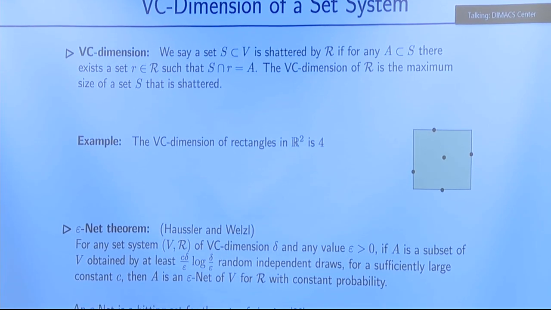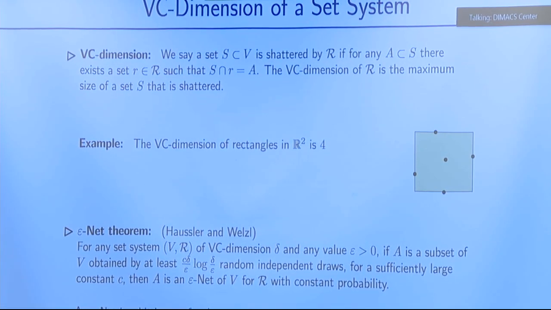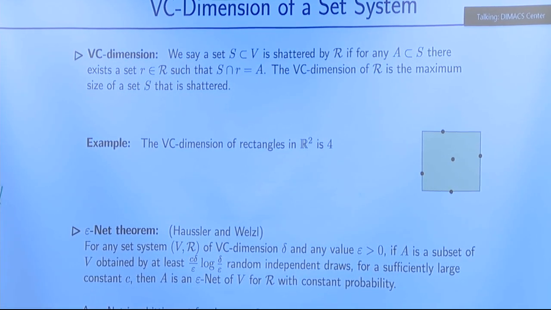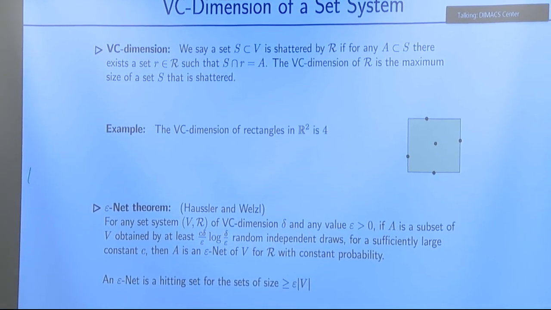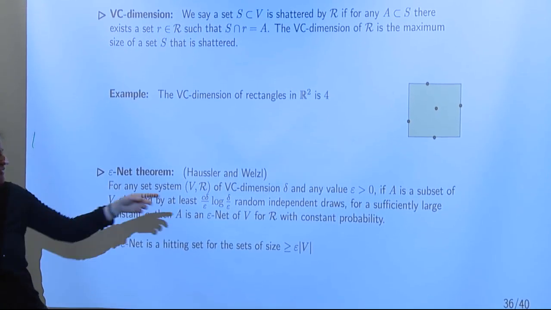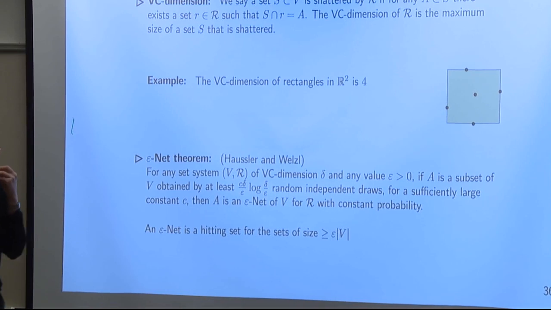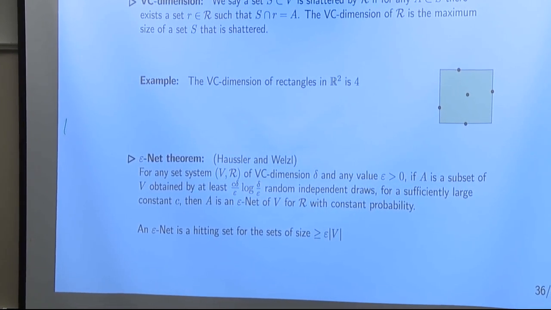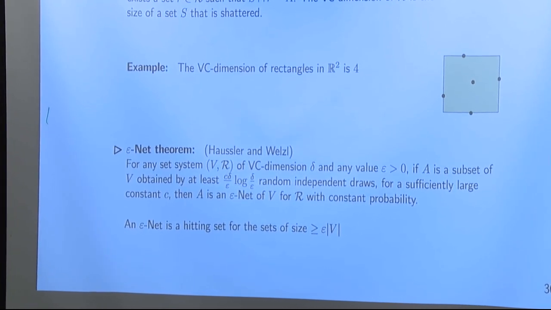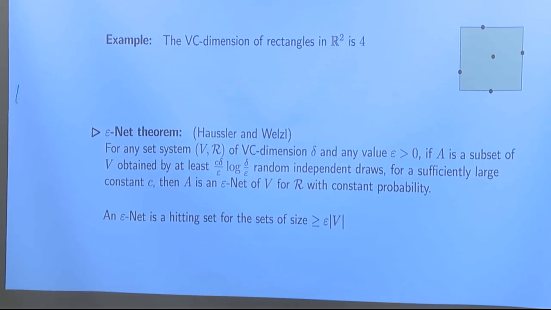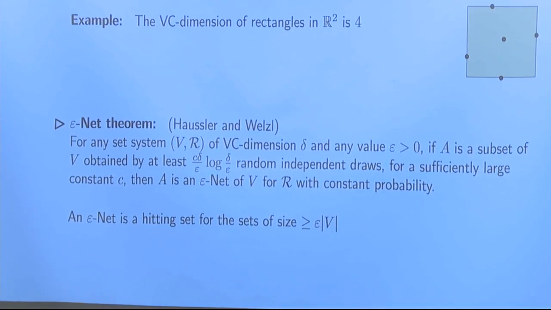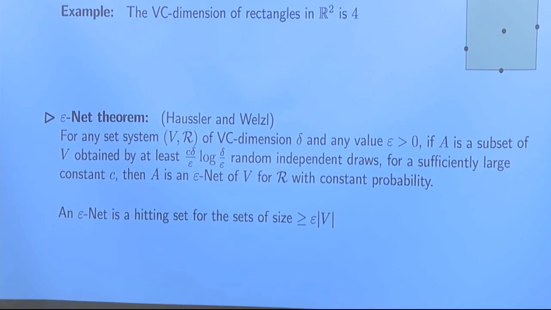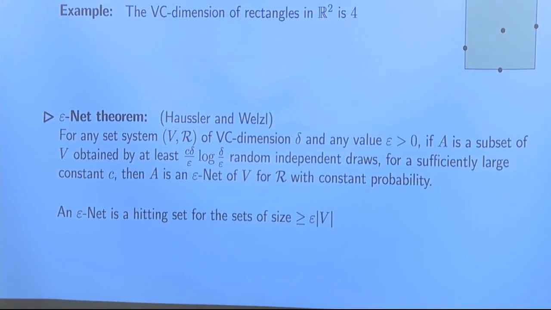And there's a very important theorem, the epsilon net theorem by Haussler and Welzl, that says for any set system of VC dimension delta and any value epsilon, we can obtain a so-called epsilon net just by sampling, and the sample is large enough with constant probability. An epsilon net you can think of as a hitting set for the large sets.